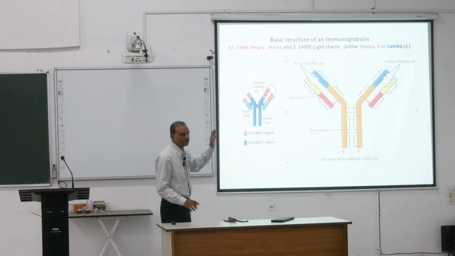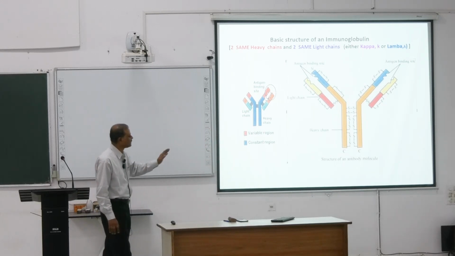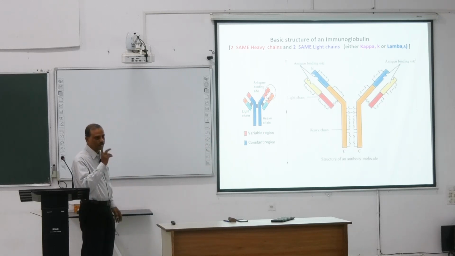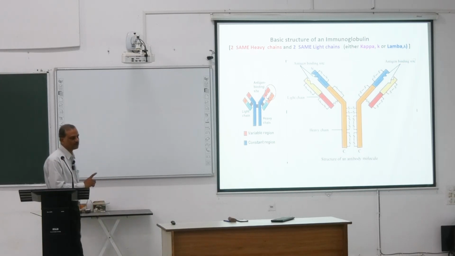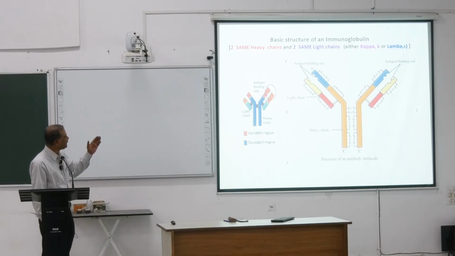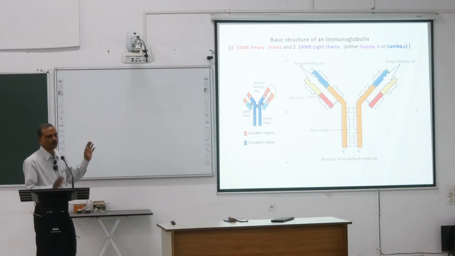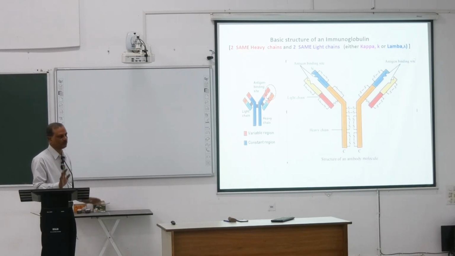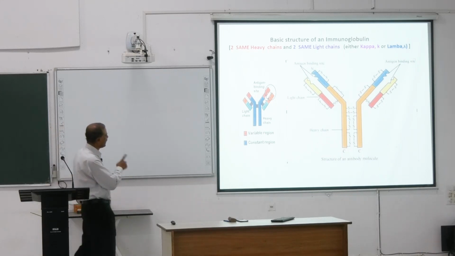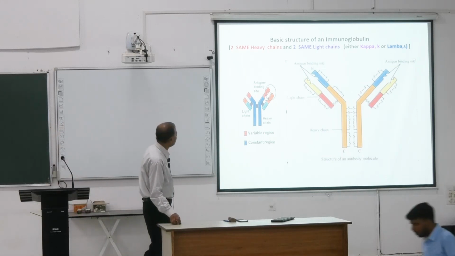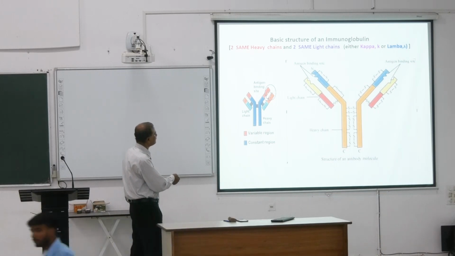So the basic structure of an immunoglobulin, you must remember, is two heavy chains and two light chains. The light chains will be either kappa or lambda, not a mixture of the two. That you must remember. And there is a specific site called the antigen binding site.